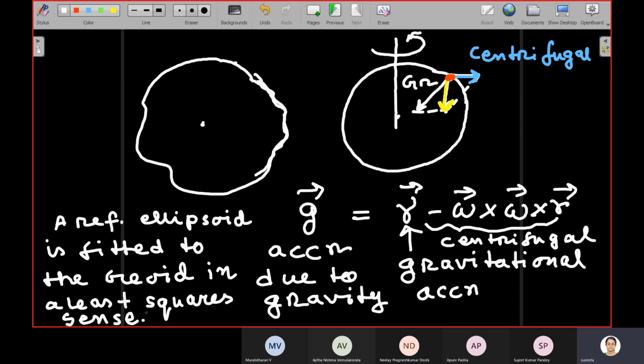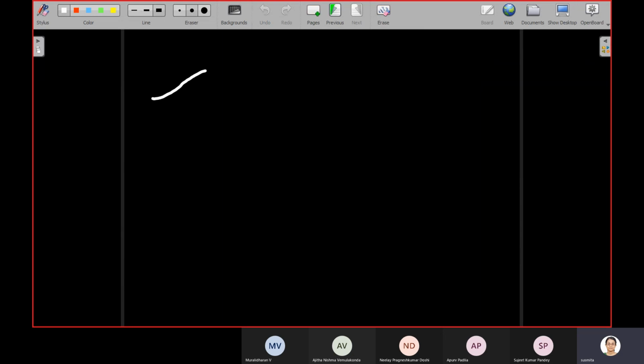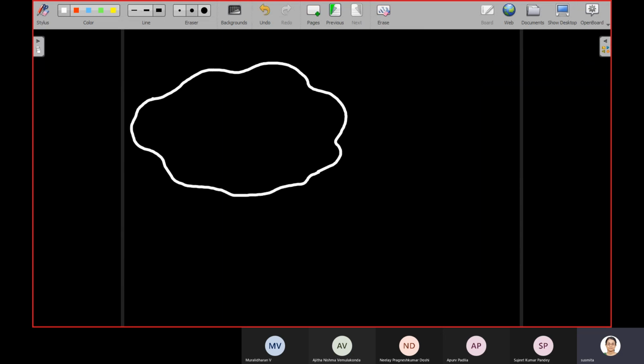So simply some ellipsoid will not do. We are actually finding that ellipsoid which is fitted to the geoid. Now this fitting can be done locally or globally. So let's say this is the geoid.